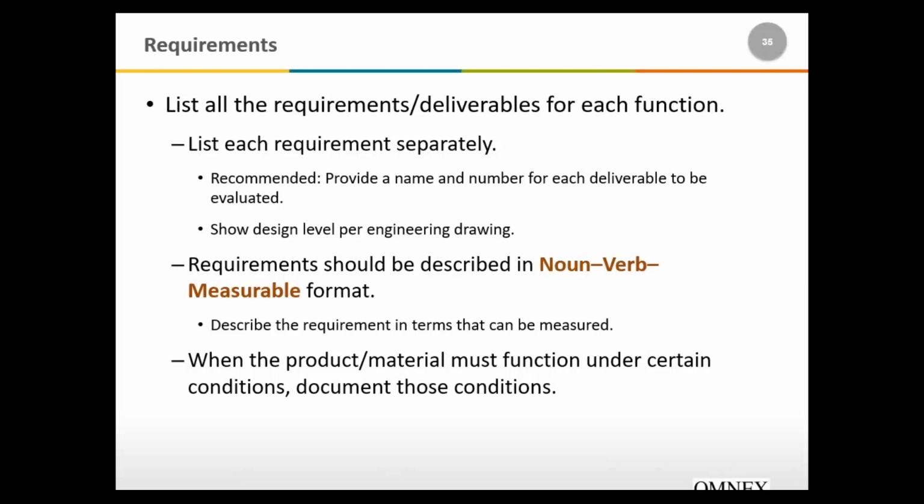So the requirements are the measurables. What do I expect if this function is doing what it's supposed to be doing? Consequently, you want each requirement separately. Systems engineering talks about atomic requirements. Each requirement has to be standalone on its own, and they should be described in a noun, verb, measurable format, and so forth.